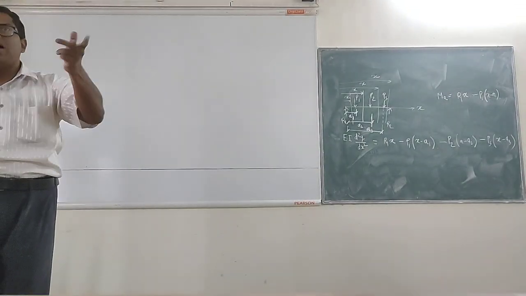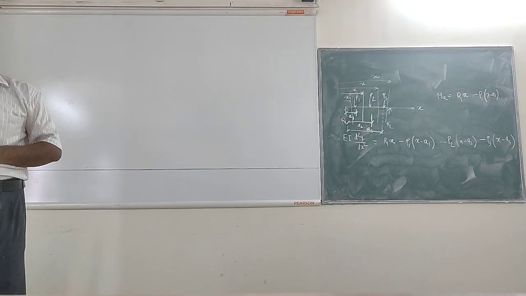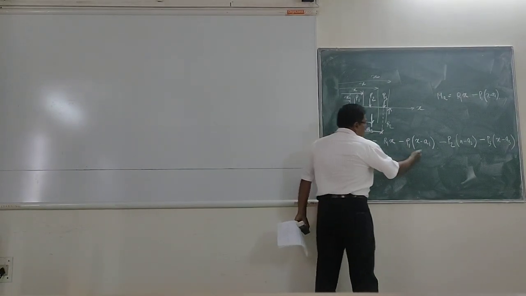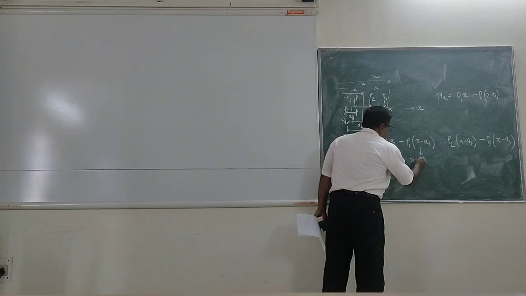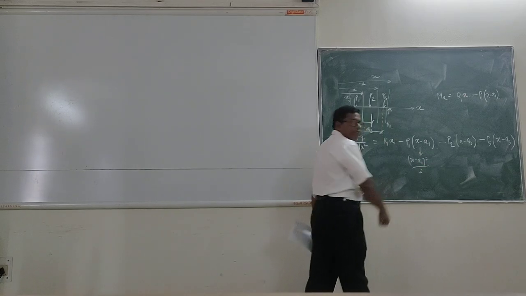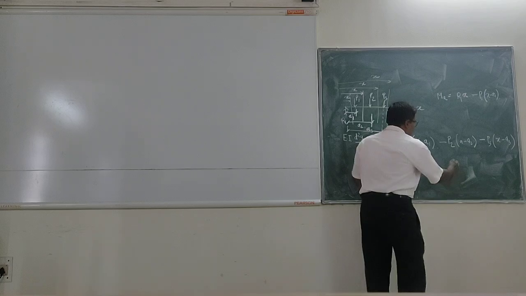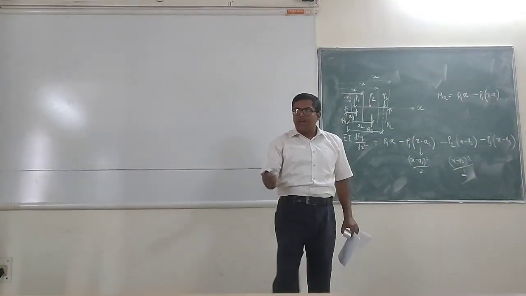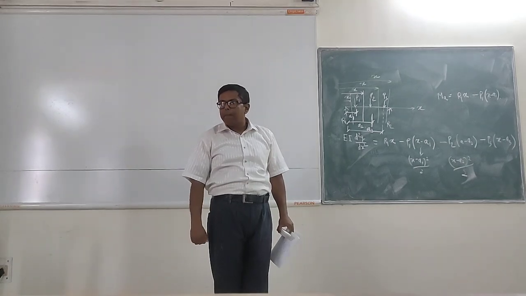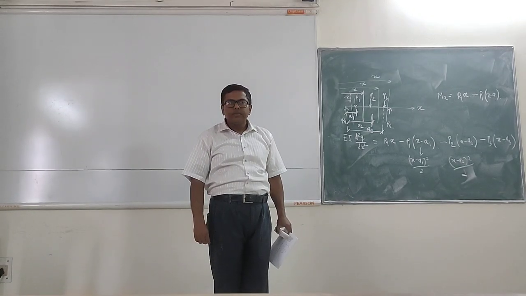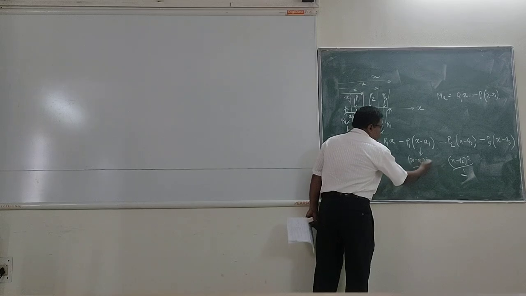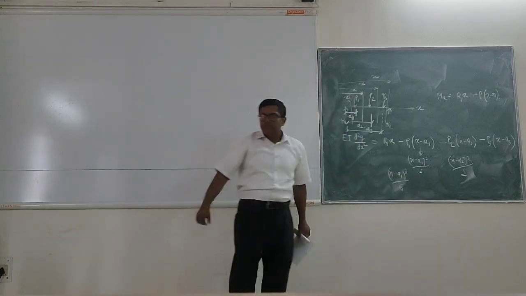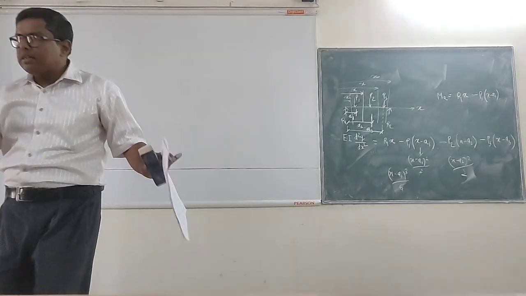After the first integration, this term becomes X minus A1 whole square by 2, and this term becomes X minus A2 whole square by 2. After double integration, it will become X minus A1 whole cube by 6. Up to this it is clear.